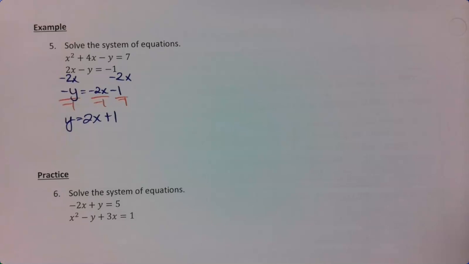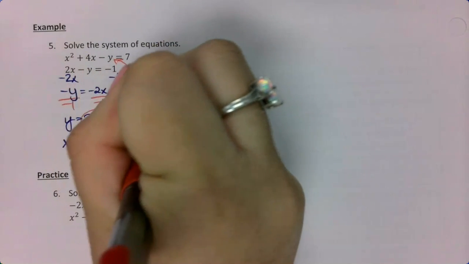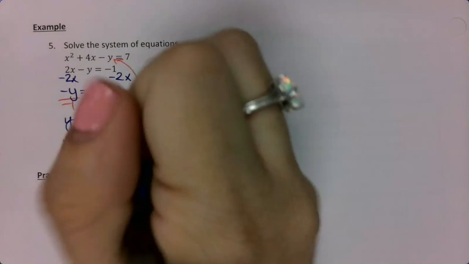Okay, so then I want to go ahead and take this and plug it in for my y in my original equation. So I have x squared plus 4x plus this 2x plus 1, and it should equal 7.